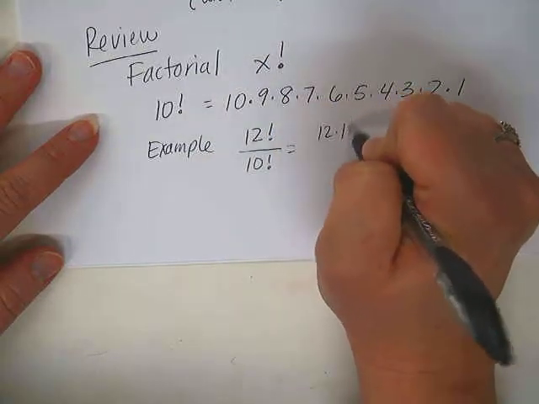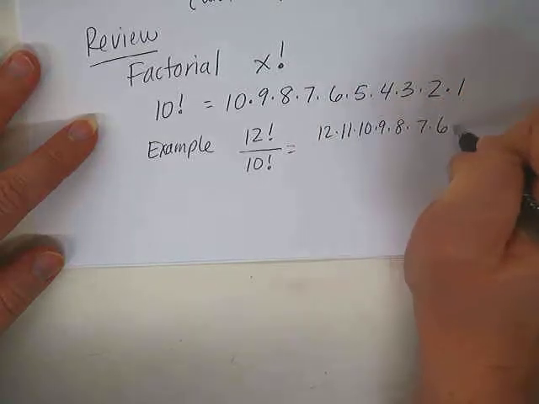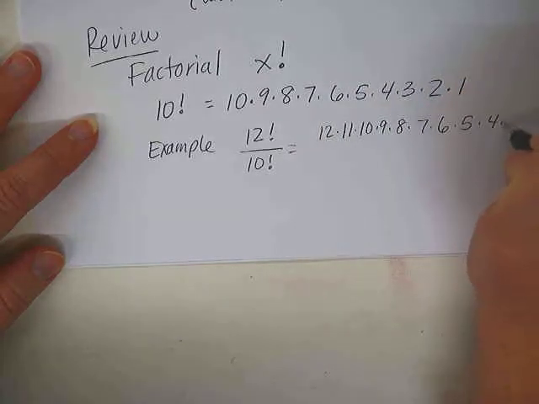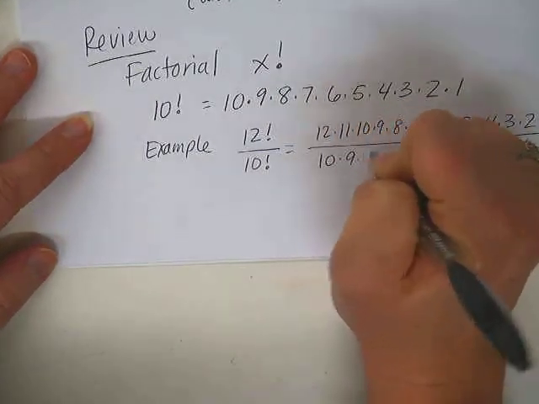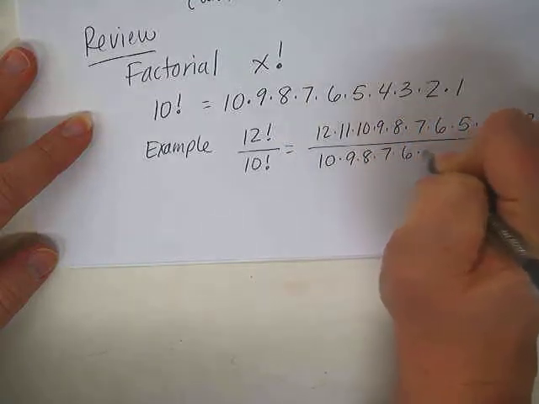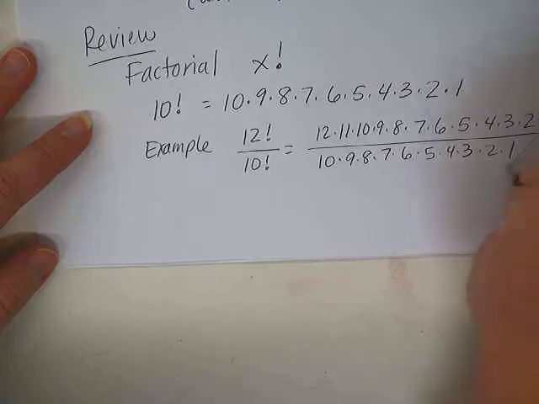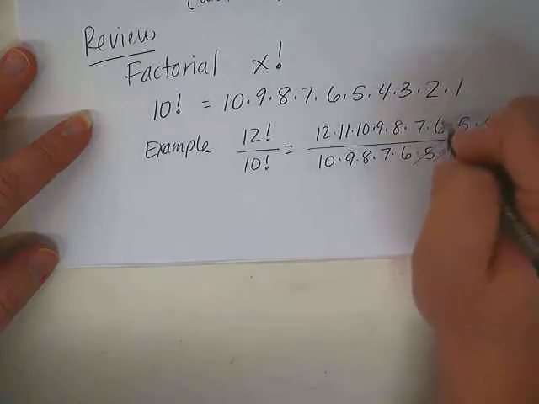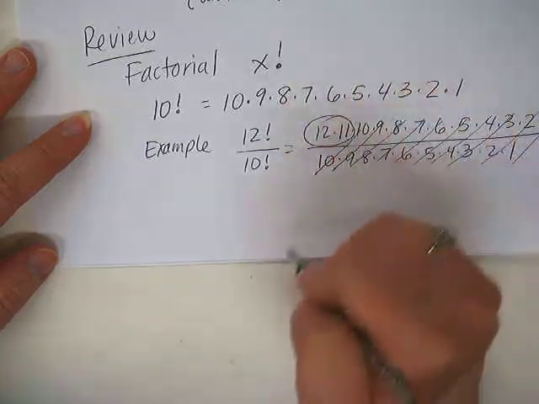For example, sometimes we'll take factorial problems and divide them, and it's kind of interesting what happens. If you divide 12 factorial by 10 factorial, 10 factorial would be 10 times 9 times 8 times 7 times 6 times 5 times 4 times 3 times 2 times 1.